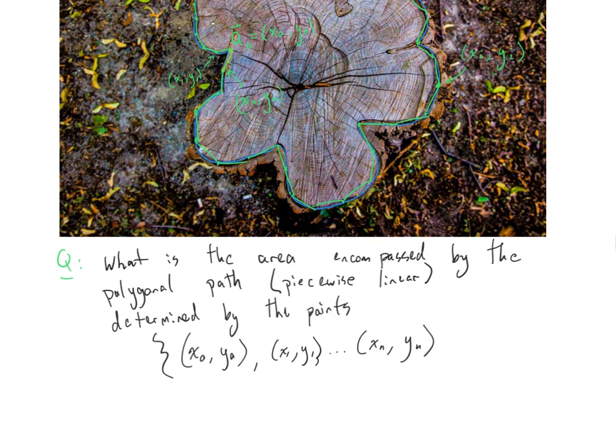Let's just draw it in yellow. That path right there goes from xn, yn to x0, y0. And so you only need these n points to determine the n line segments, because the very last line segment connects this last point to the first point.